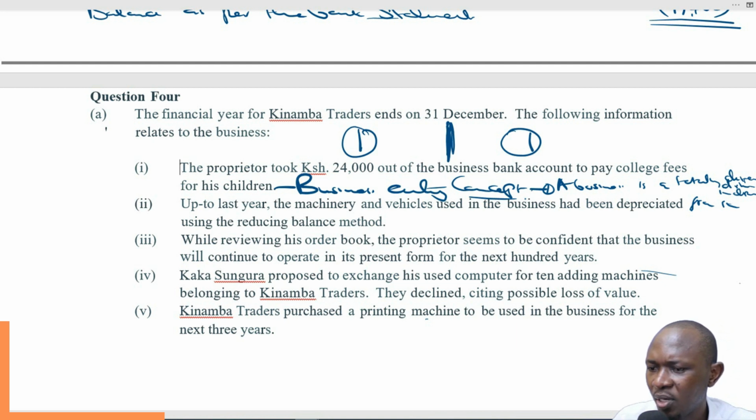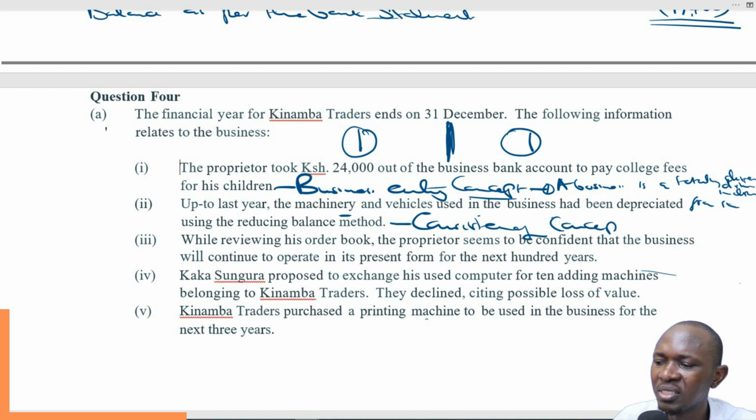principle. Up to last year, the machinery and vehicles used in the business had been depreciated using the reducing balance method. Yes, this is something we call the concept of consistency.